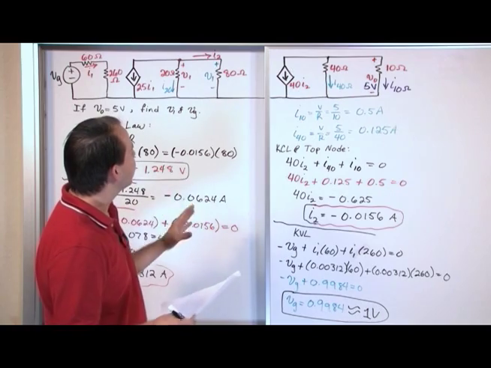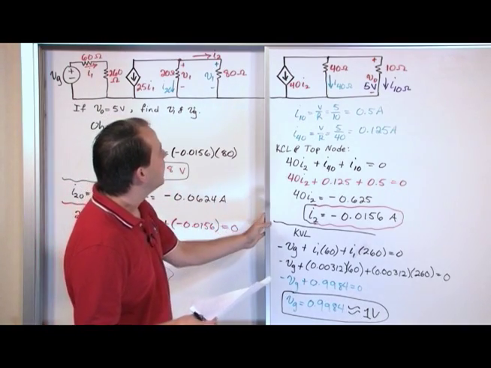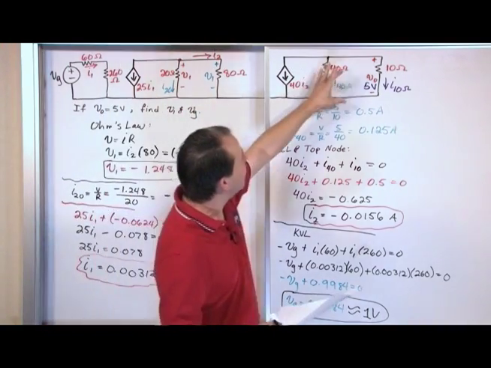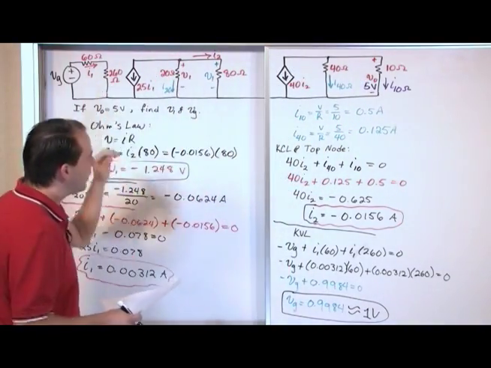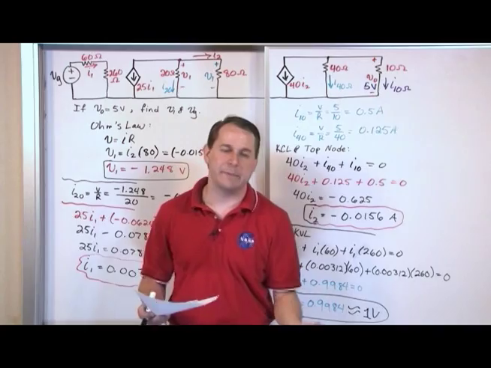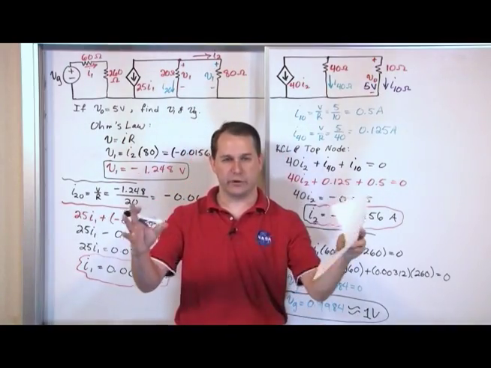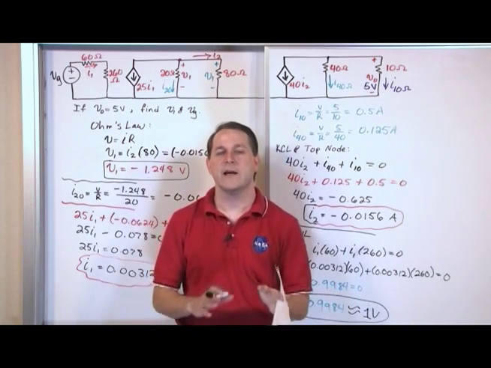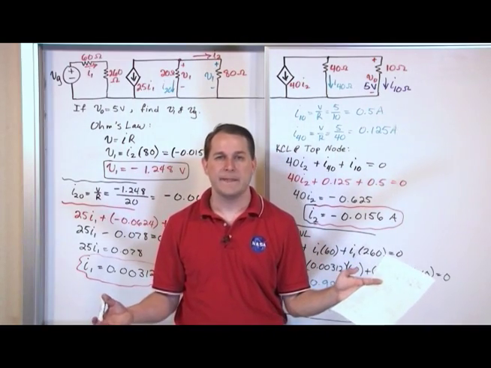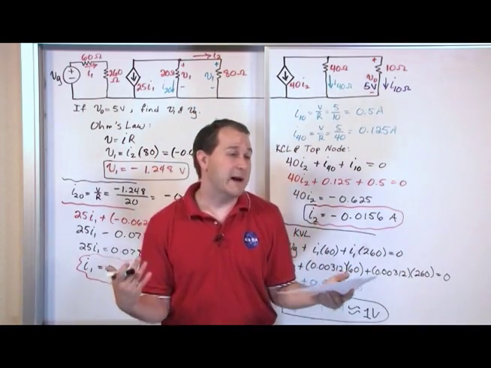All right. The other thing that was interesting about this guy was that once we knew the end, which is what was given to us, we kind of worked backwards. So in a way, this kind of problem has more steps, but it's a little easier than just getting a circuit and writing a ton of Kirchhoff voltage laws and a ton of Kirchhoff current laws and using a matrix to solve for it. We've done those kinds of problems before. This, in my opinion, is a little easier.